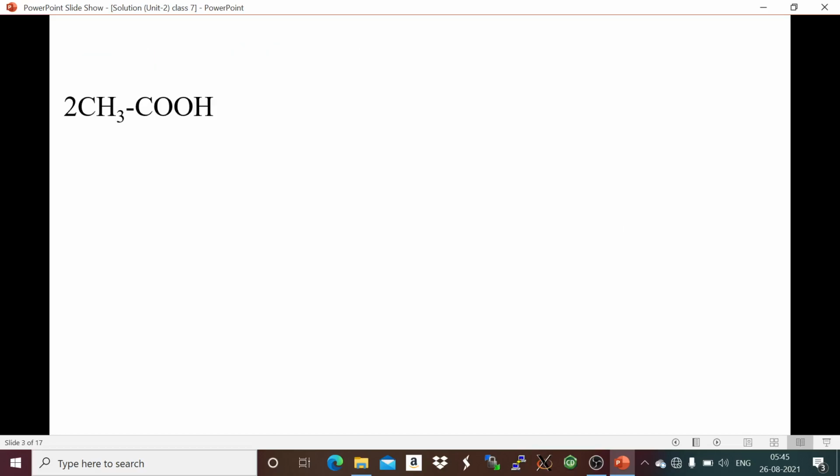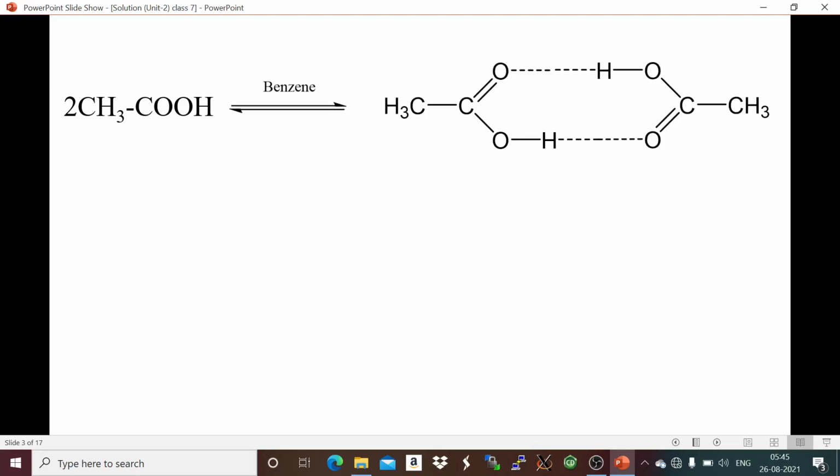As an example, let us consider acetic acid. When we dissolve acetic acid in benzene, acetic acid is the solute and benzene is the solvent. Acetic acid in benzene undergoes dimerization. As you can see from here, this is the hydrogen bonding.